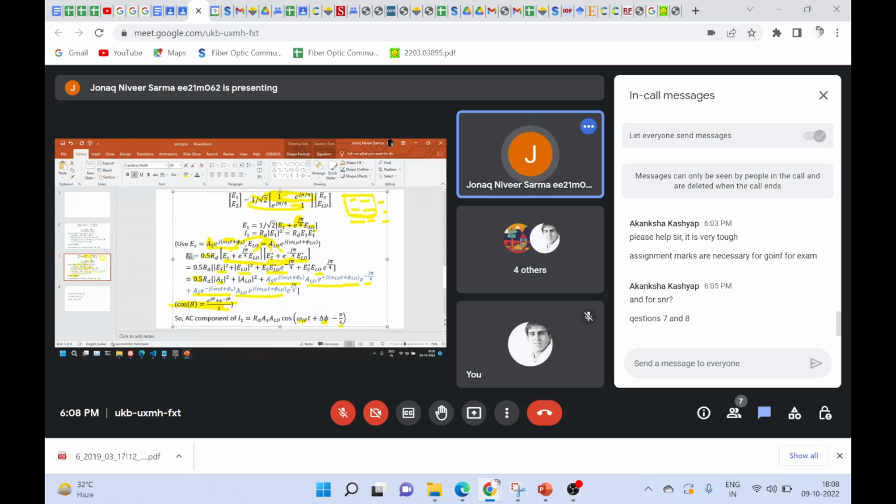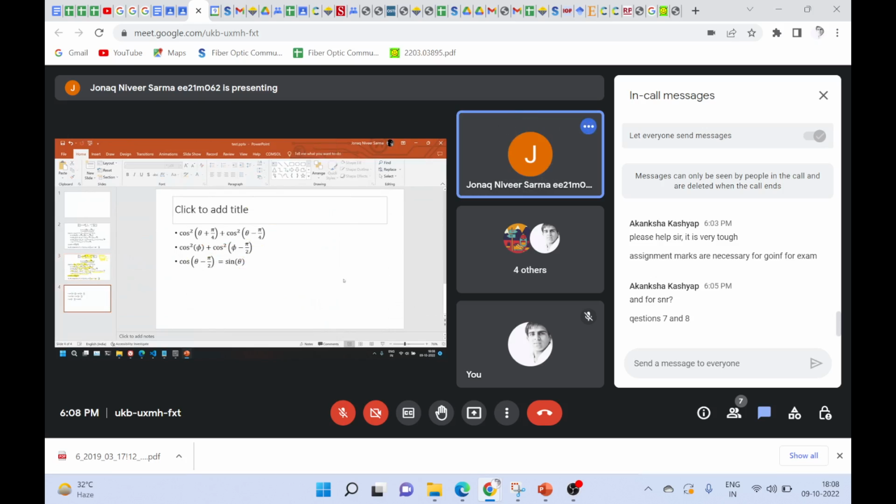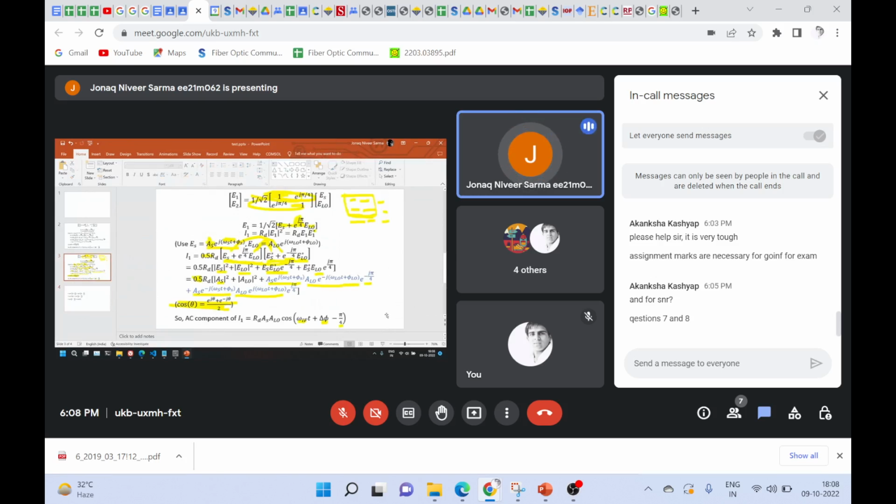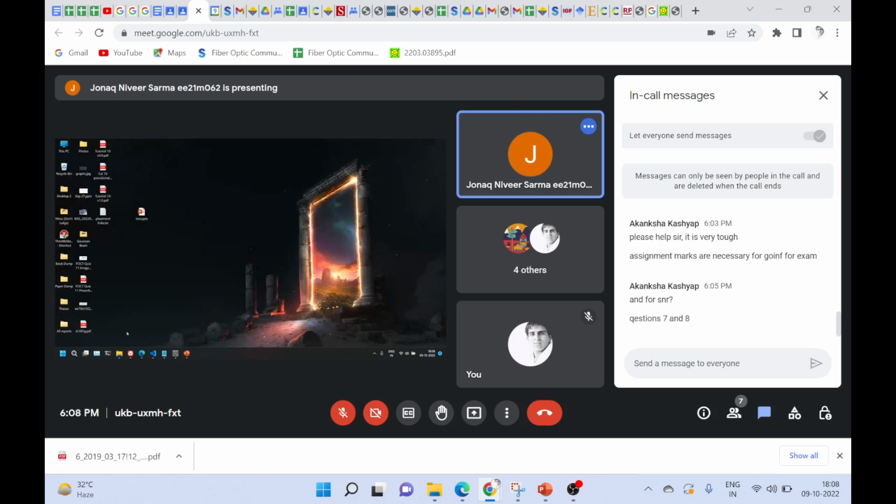I1 square plus I2 square is the quantity that you are supposed to calculate. So that is your signal, that result. Answers from question 3 and question 6 are your signal powers, detected powers. You just compare it with whatever you need to compare it with.